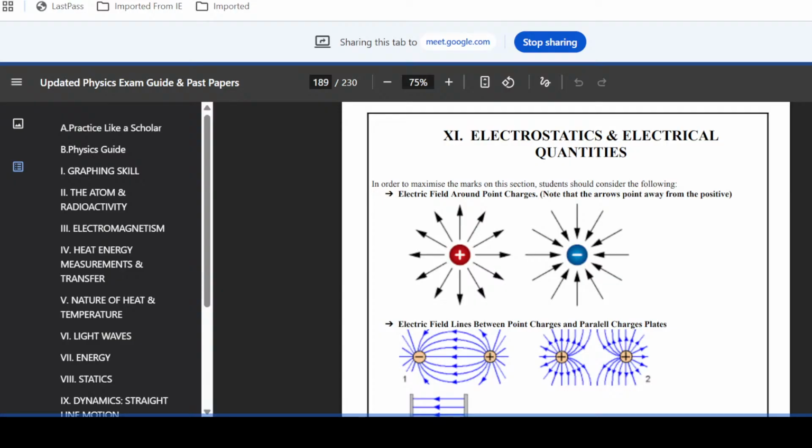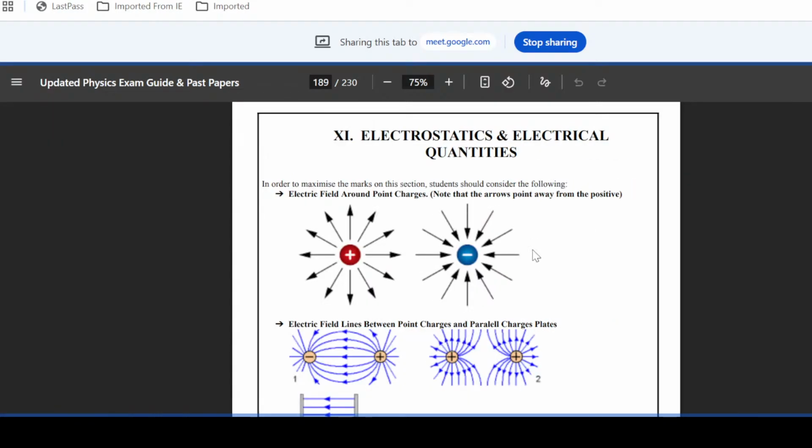So, just a reminder: if we have charged particles, we call them point charges, we can show the electric field around them.